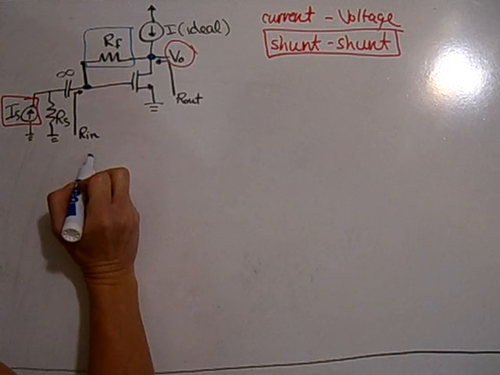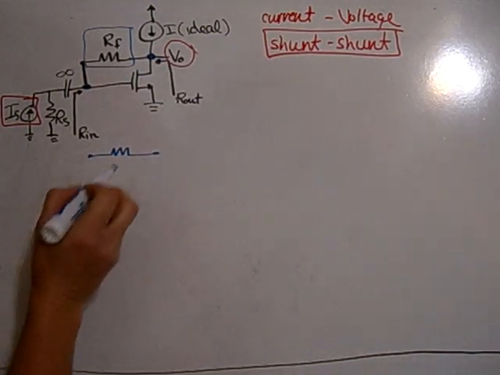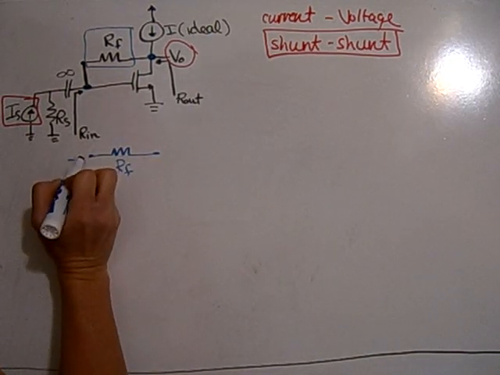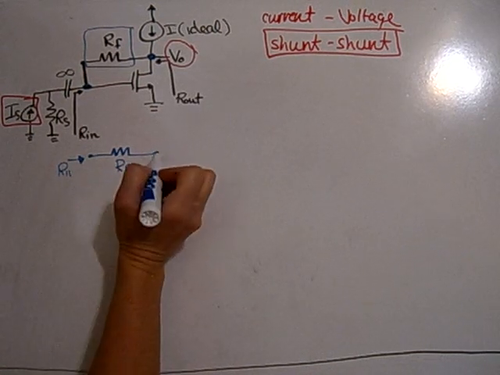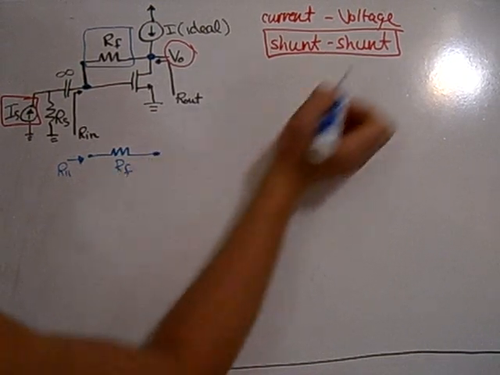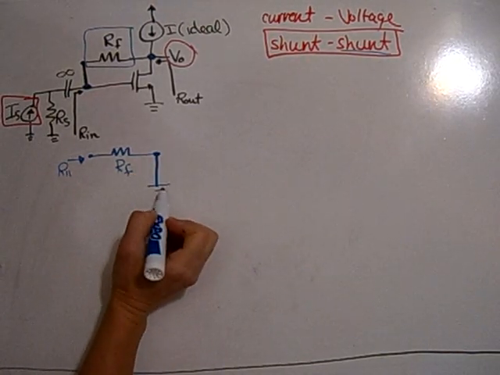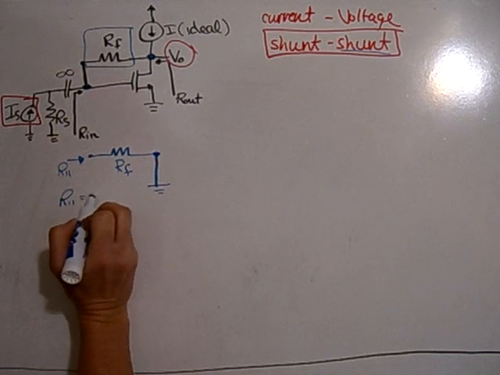So the next step is to find R11, R22, and beta. We're going to look at the feedback portion only. To look at R11, we have to look at this side of the network, which is going to be a shunt. So we're going to ground that side, and R11 is going to be RF.